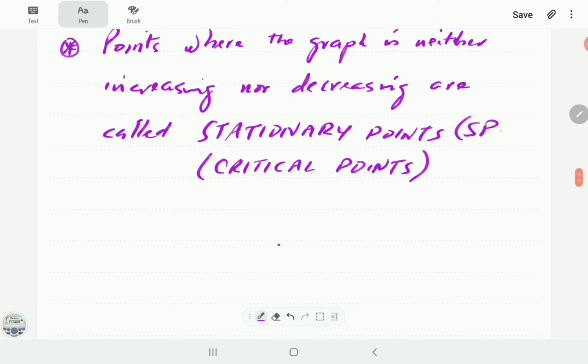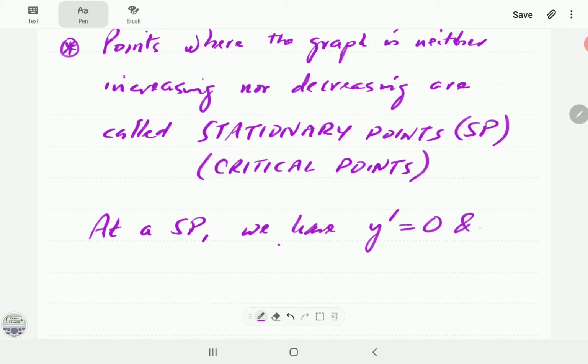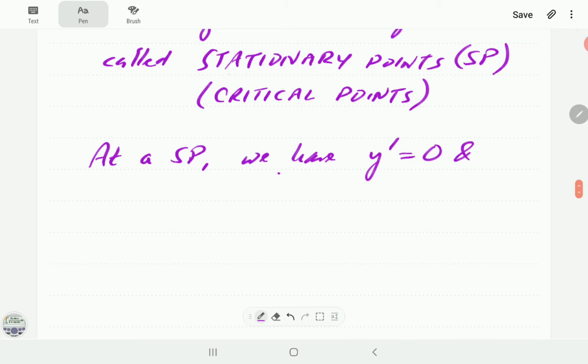Let's abbreviate stationary point. So at a stationary point, we are always going to have the derivative equal to 0. Something else that we're going to have at a stationary point is that the tangent is going to be horizontal.